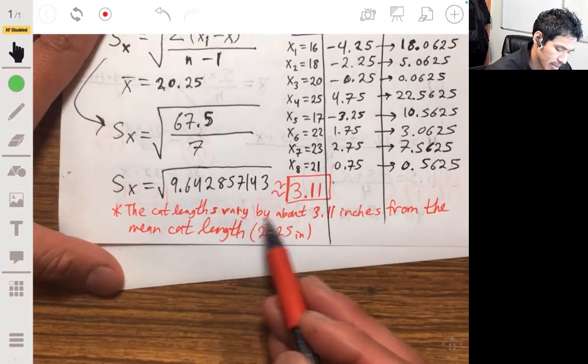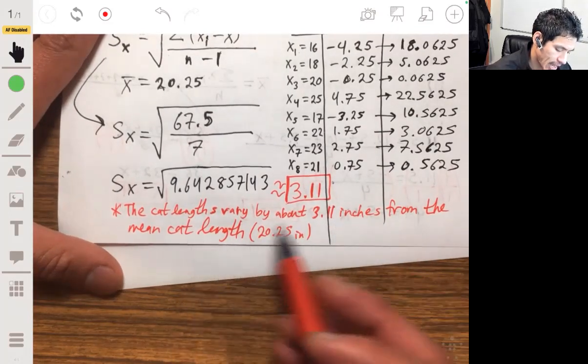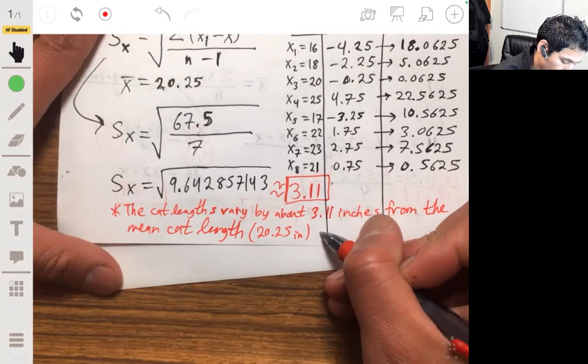So the cat lengths vary by about 3.11 inches from the mean cat length on average.